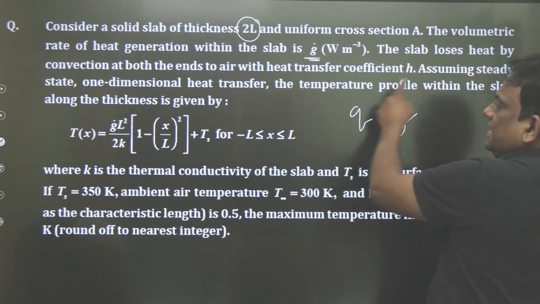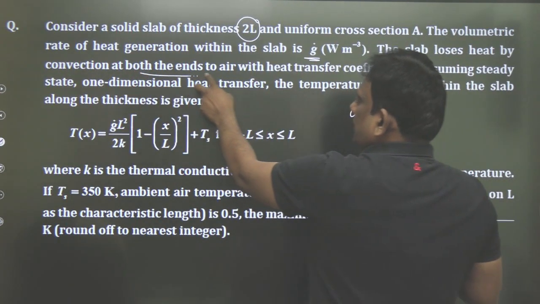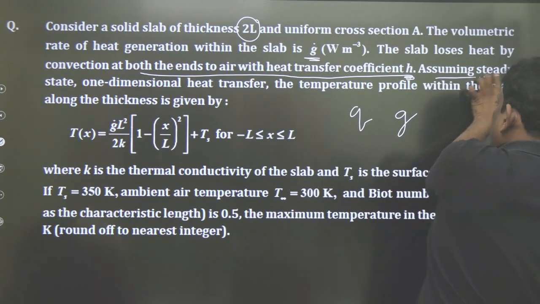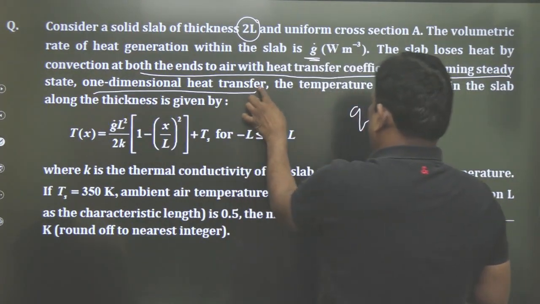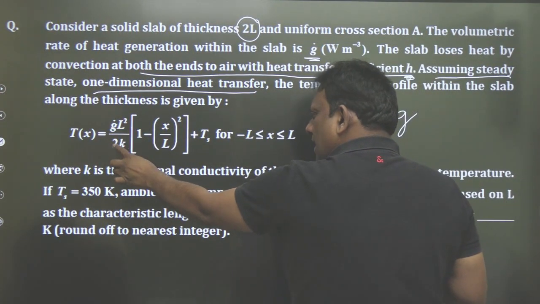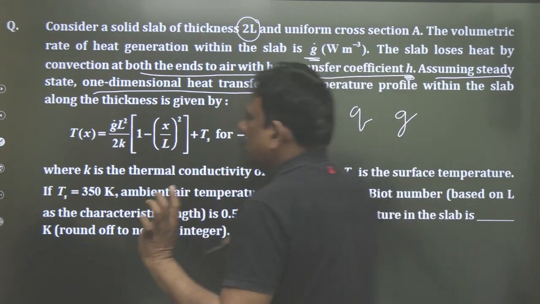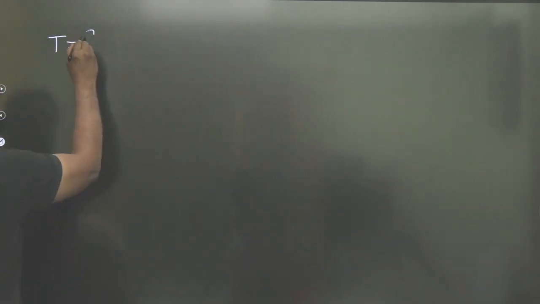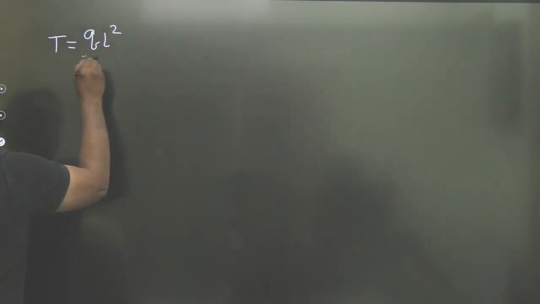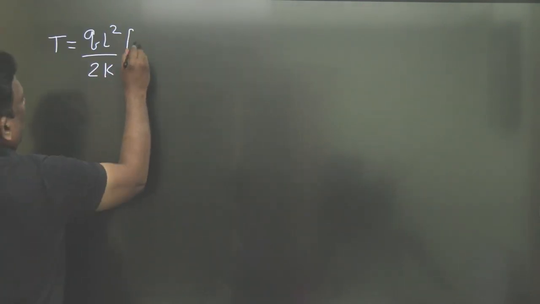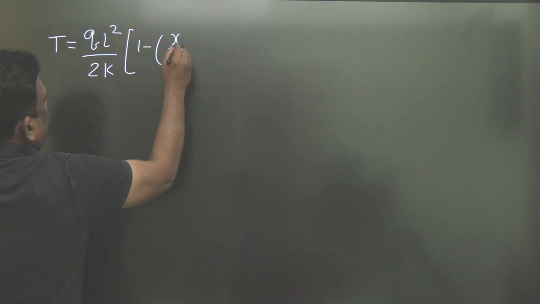The slab loses heat by convection at both ends to air, and the heat transfer coefficient is h. Assume steady state one-dimensional heat transfer. The temperature profile within the slab is given by qL square by 2k into 1 minus x by L whole square plus Ts.